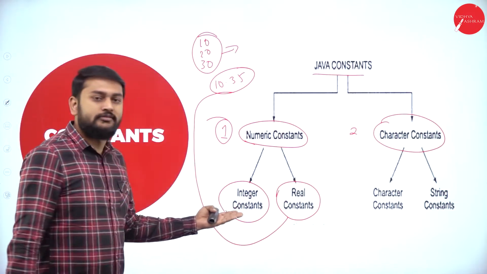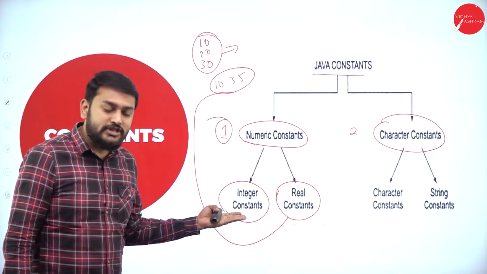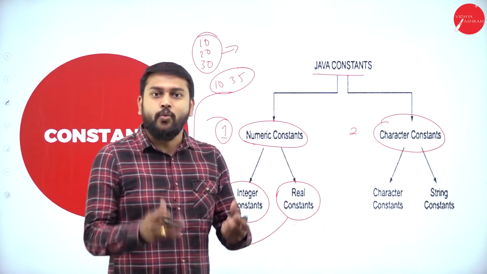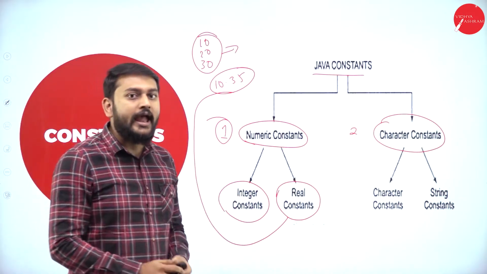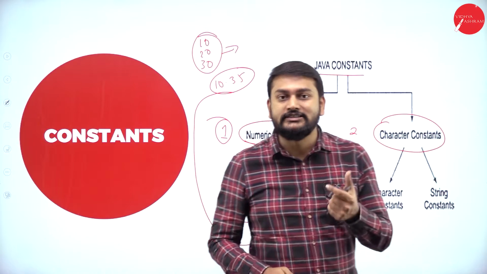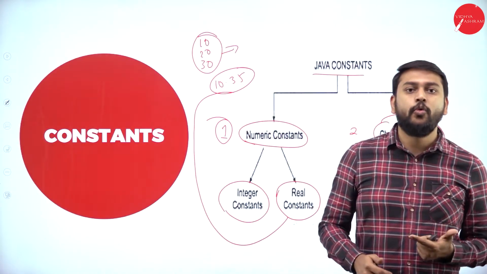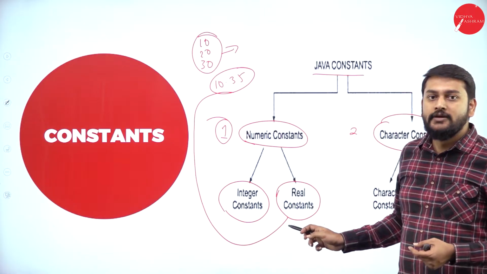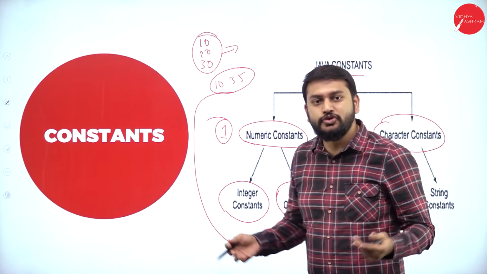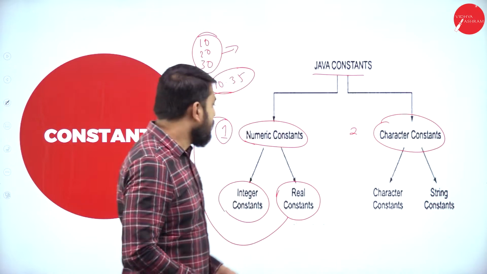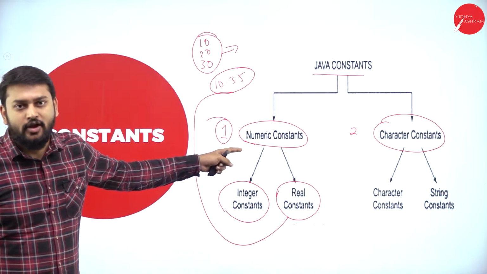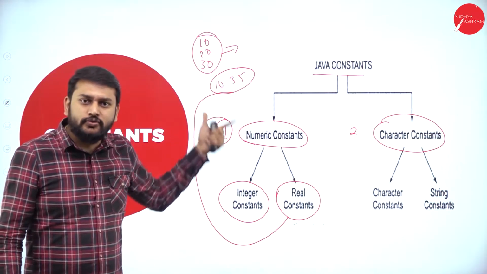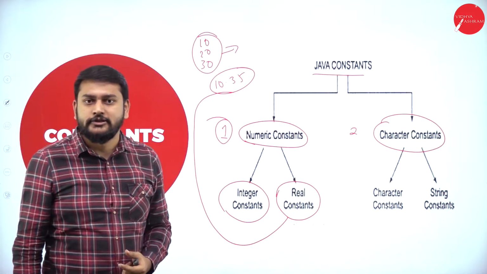Integer numbers are nothing but integer constants. The float value that I have, I will call a real constant. Whenever I say integer, remember it comes under the category of numeric constant. Obviously, it's numbers, so that's why it is coming under numeric constants.